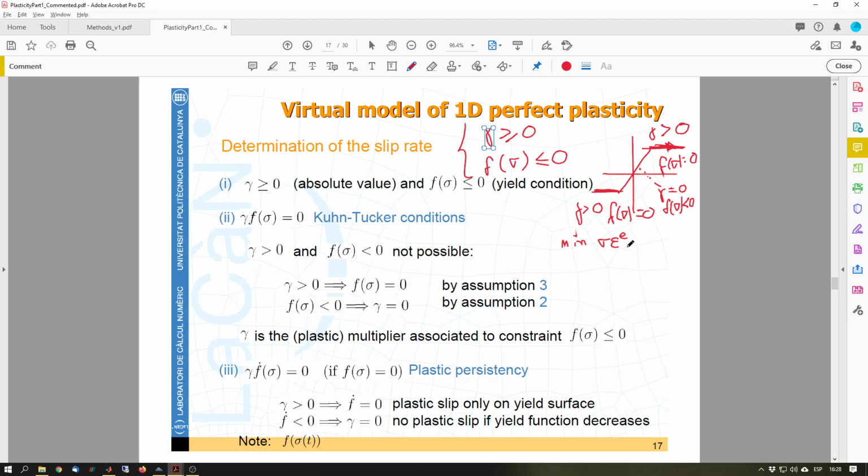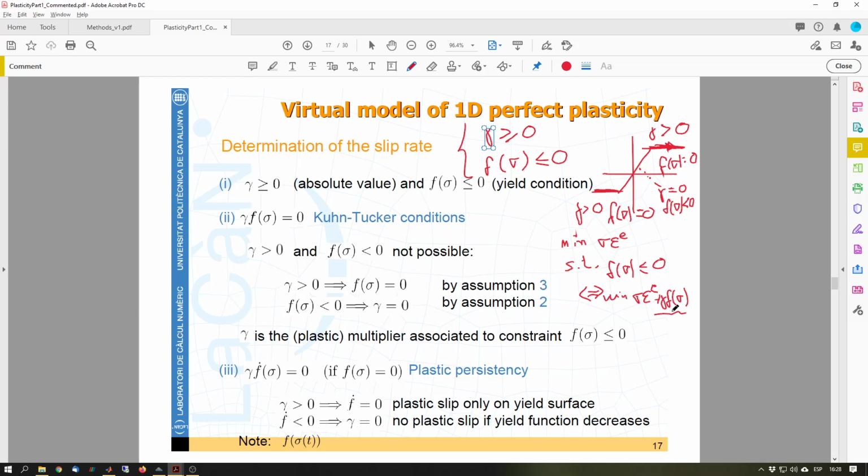We minimize this total energy subject to f of sigma smaller or equal to 0. This is equivalent, when we work with optimization, to minimizing my functional, the total elastic energy, while adding a Lagrange multiplier gamma times f of sigma. So this is the extension of my extended Lagrangian function, where I add a Lagrange multiplier.